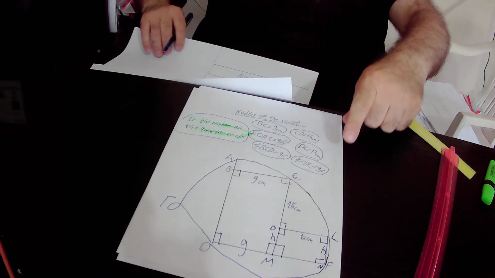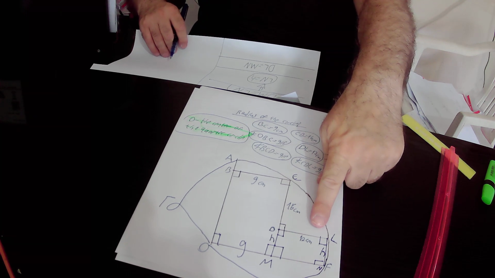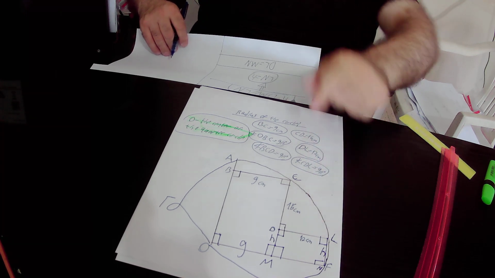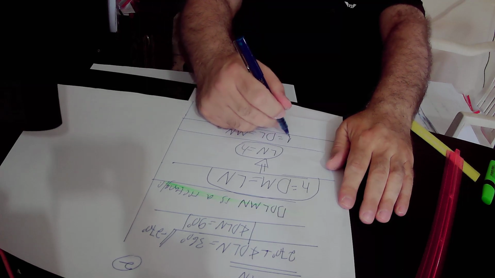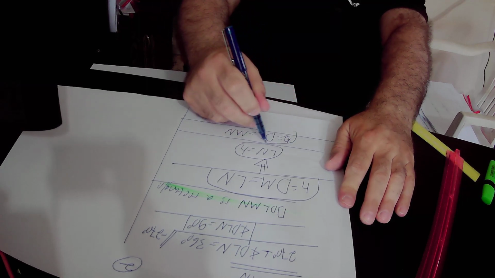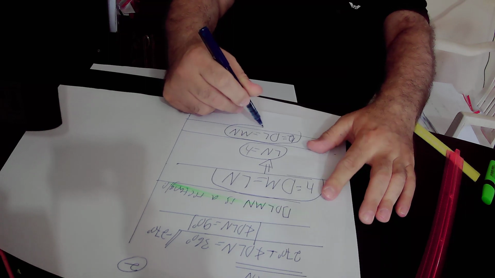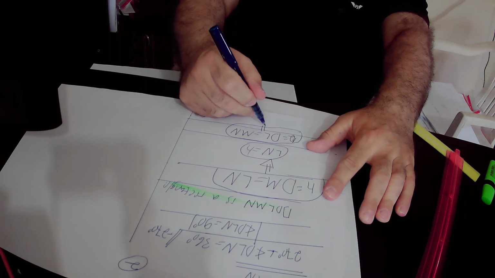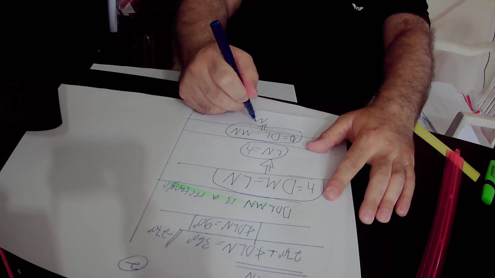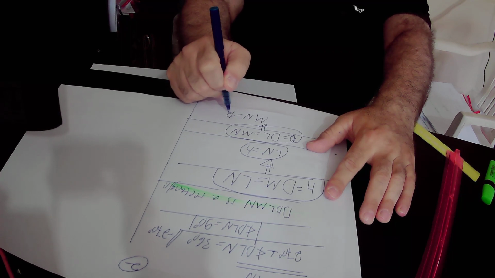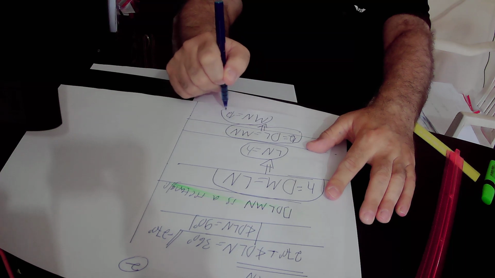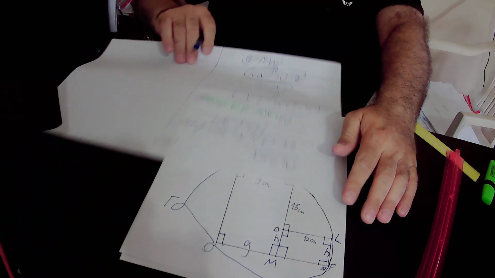But according to what is given in the question, side DL equals 12 units. So you can write here that DL equals 12 units. And from this equation, 12 equals DL equals MN, we will derive that side MN is also equal to 12 units. Here side MN equals 12 units.